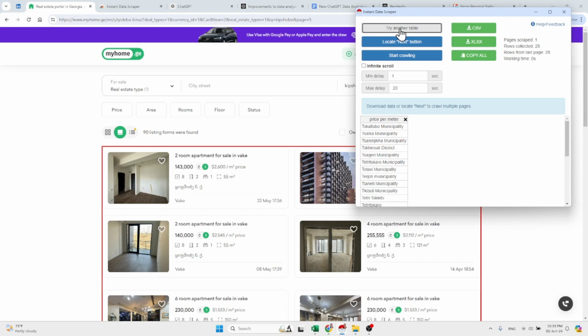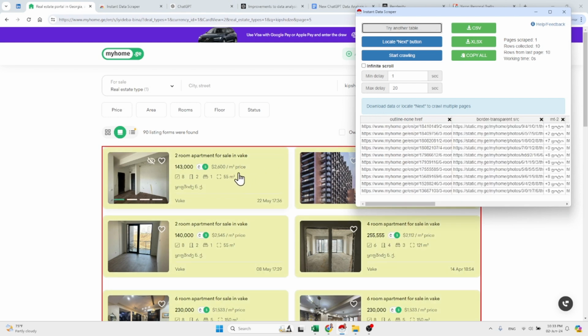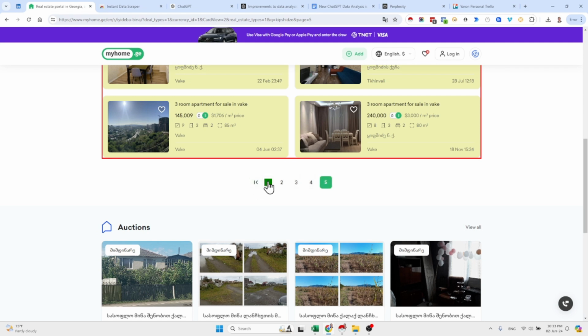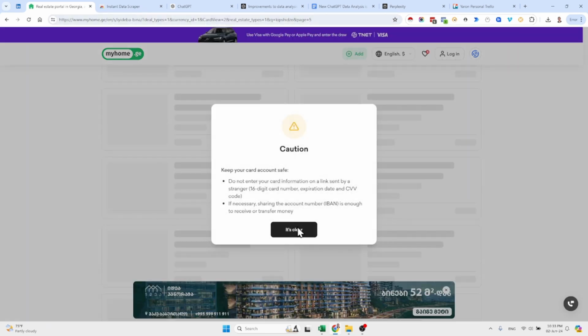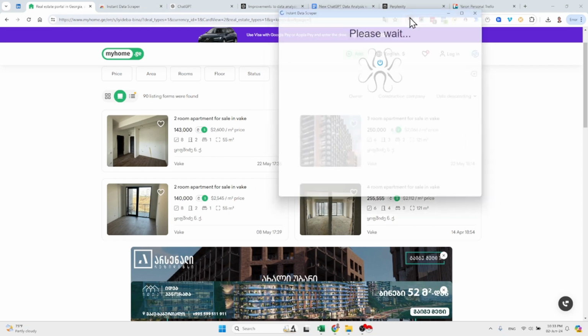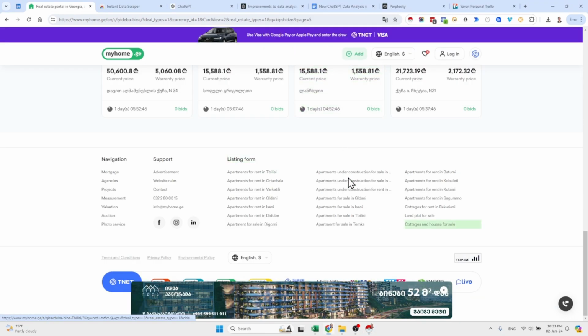So basically, you just select the correct table. It highlights the tables that you would like. Then you need to locate the next button. So you come here. In this case, I don't have the next button because it's already the last page, but let me go to the first for the sake of showing you the whole flow. So let's say I went to the second page, and then I selected locate the next button.